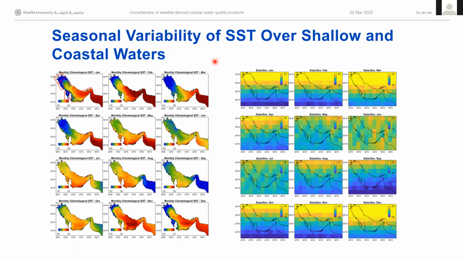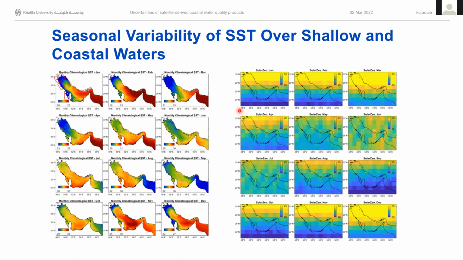It might seem circular, yes, because MODIS SST basically uses the solar zenith angle in the equation, but here it's good to see the variability in terms of the seasonal changes of the solar zenith angle and the sea surface temperature.